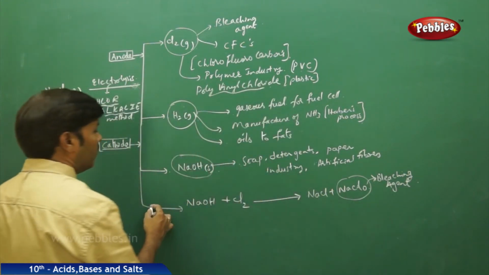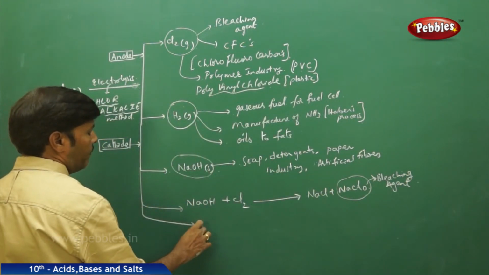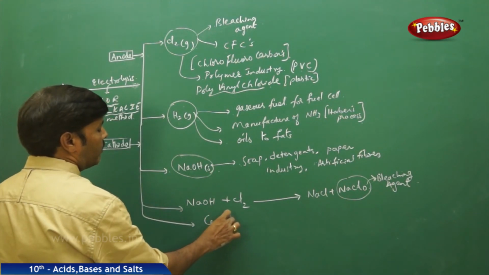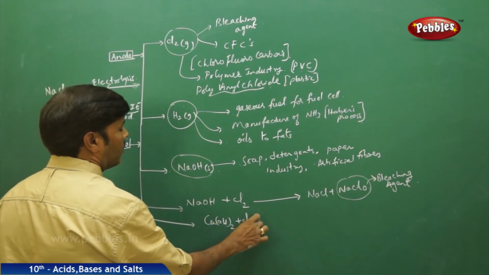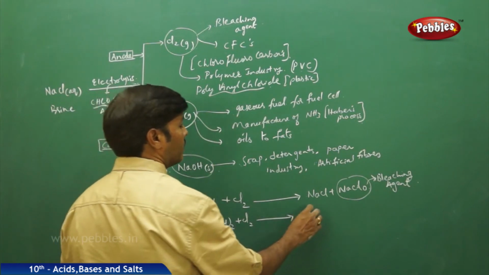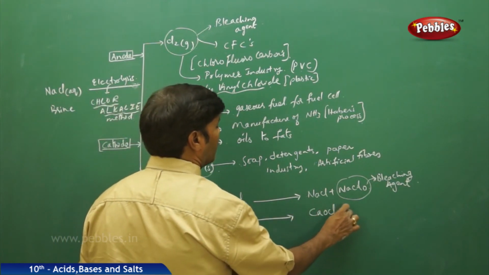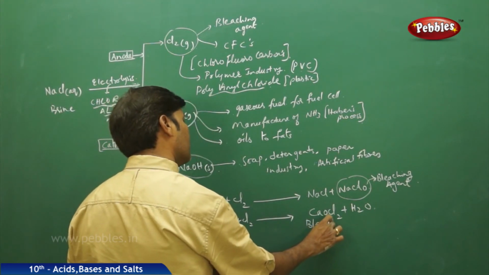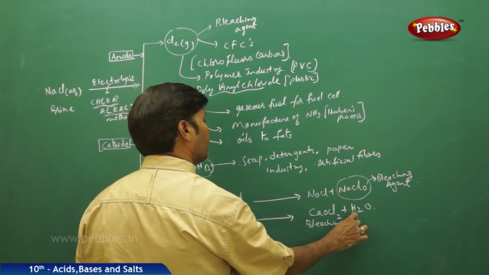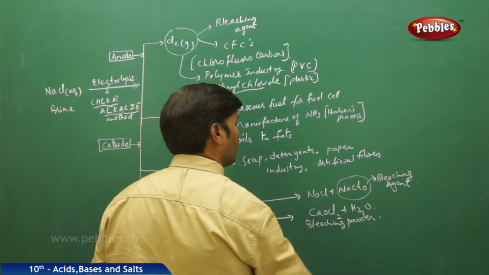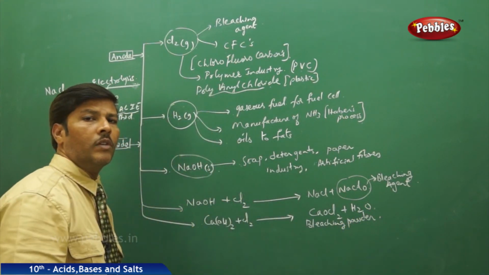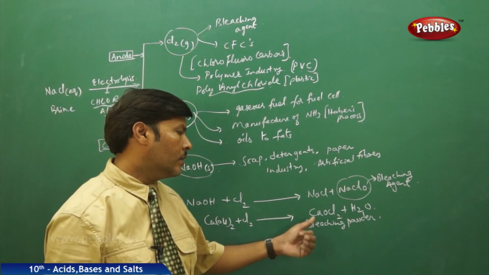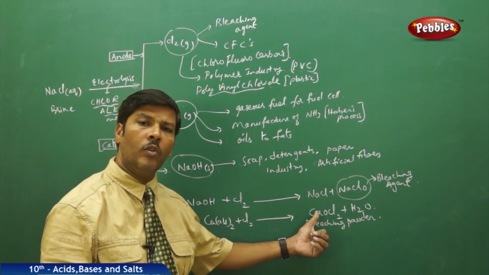Similarly, the same chlorine, when treated with calcium hydroxide, gives CaOCl2 plus H2O, which we call bleaching powder. The formula of the bleaching powder is CaOCl2, calcium oxychloride.